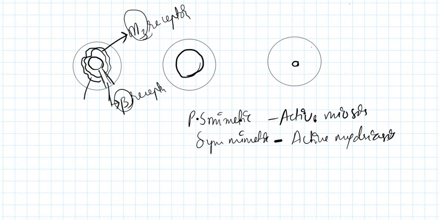See, I will just draw it with another color. These are radial fibers. Now these are circular fibers. So sympathomimetics cause activation of beta receptors, leading to constriction of these radial fibers, producing active mydriasis.